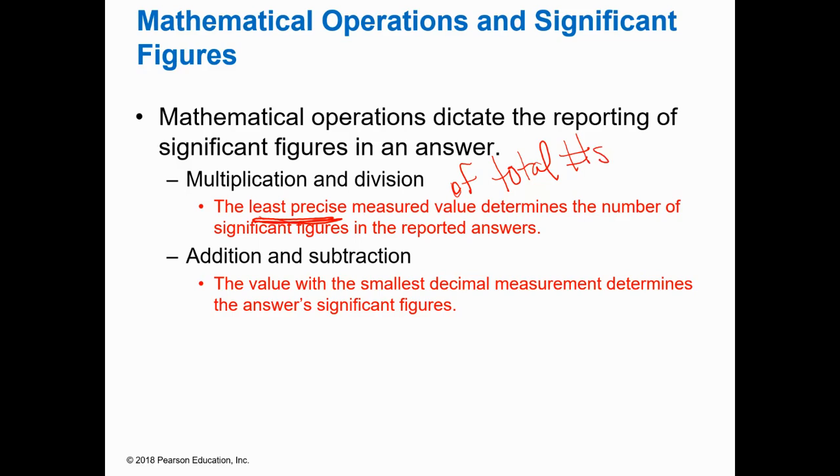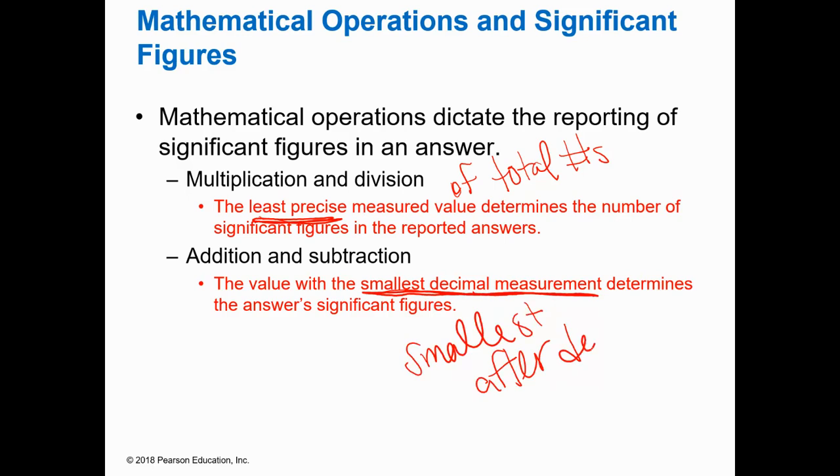For addition and subtraction, it's still going to be the least precise, but it's going to be the smallest after the decimal. So I'm going to put smallest after decimal. We don't do addition and subtraction a ton in chemistry. We do a little bit, but really we're going to focus on that multiplication and division rule.